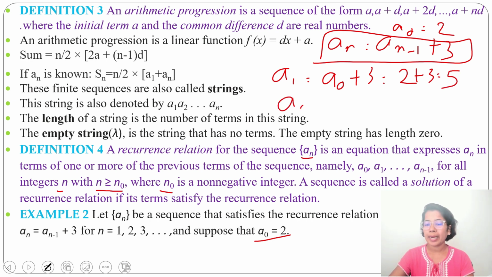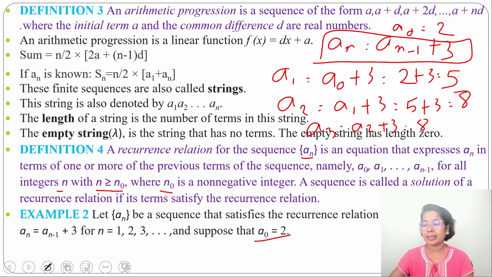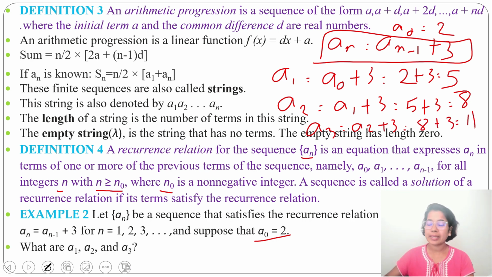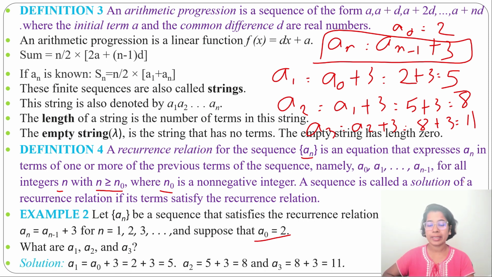Now what will be a2? a2 will be a1 plus 3, so 5 plus 3 equals 8. What will be a3? a3 will be a2 plus 3, 8 plus 3, it will be 11. So from this recurrence relation we got the sequence 2, 5, 8, 11. This is the sequence that we got from the recurrence relation a_n equals a_(n minus 1) plus 3.